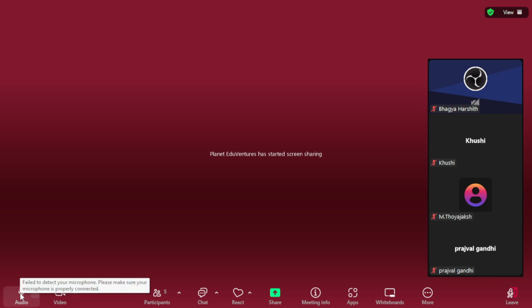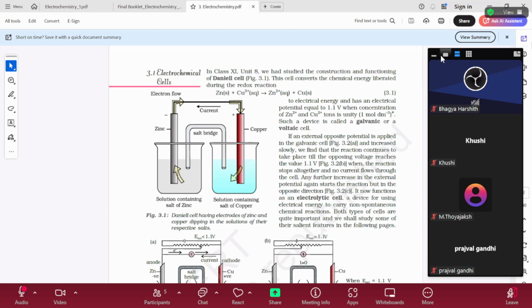So, in order to show the working, I'll show one left side at a time.